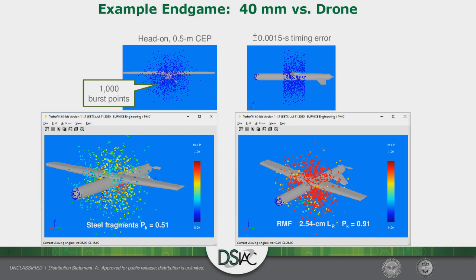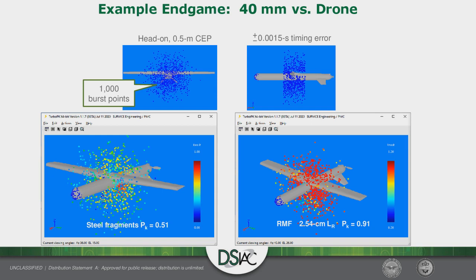If we do this set of burst points with that projectile and assume the fragments are steel, then we get a PK of 0.5. And PK in this case is probability of killing any single component.